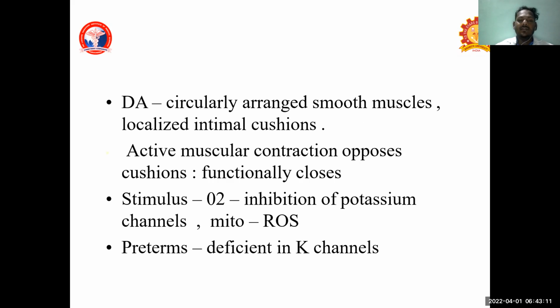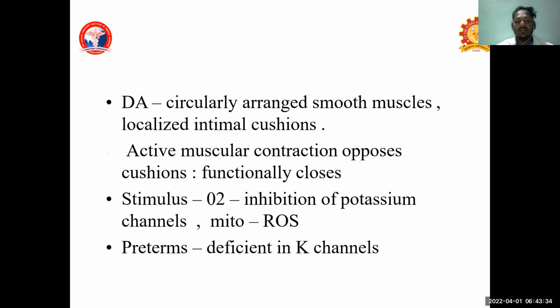The ductus arteriosus has circularly arranged smooth muscle, which is localized in the intimal cushion. Active muscle contraction pulls the cushion, and this functionally closes the ductus arteriosus.